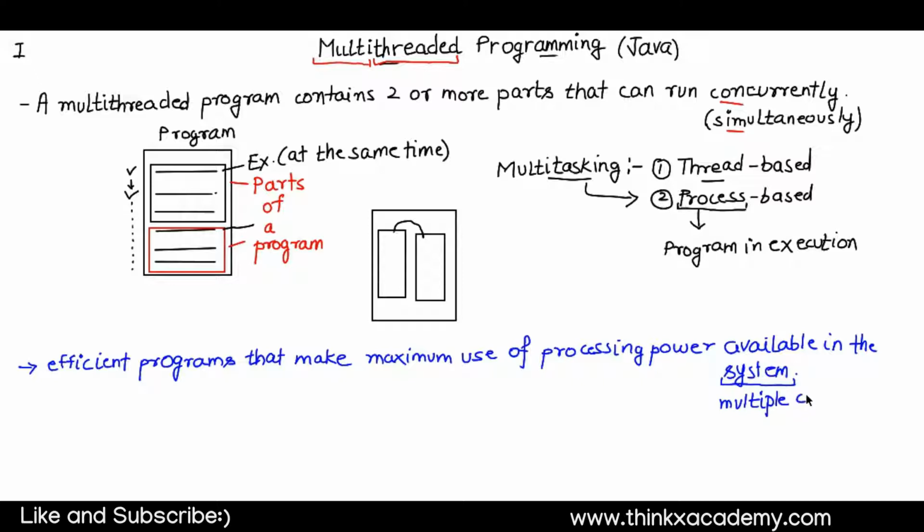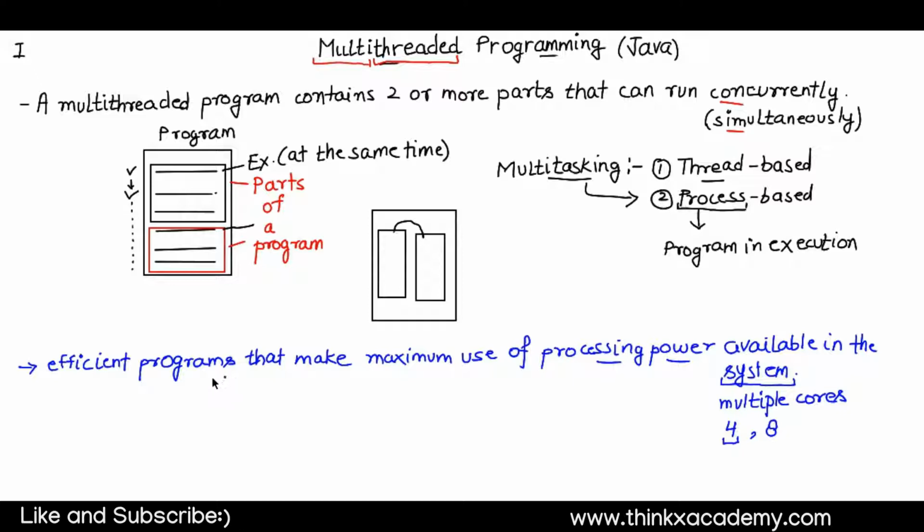You might have heard that an Intel processor is quad core or octa core. Quad core means that it has 4 cores. Octa core means that it has 8 cores, and it basically means that it can run that many threads at the same time. So if a system can perform so many threads at the same time, why not make use of this processing power to make our programs efficient?